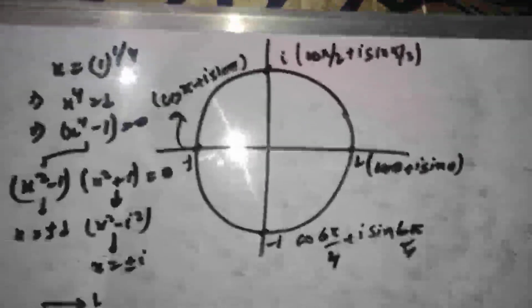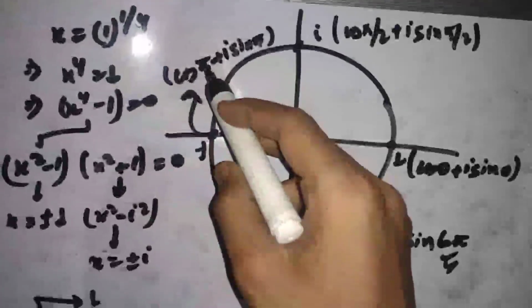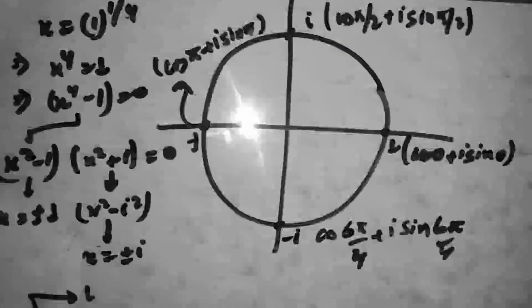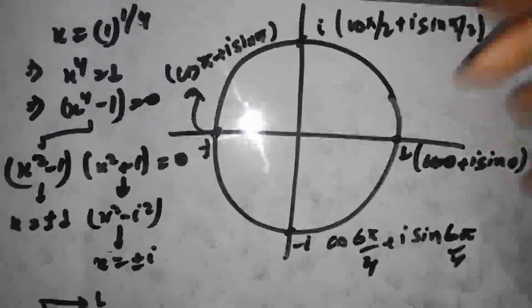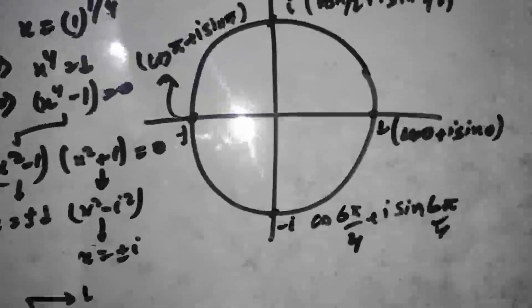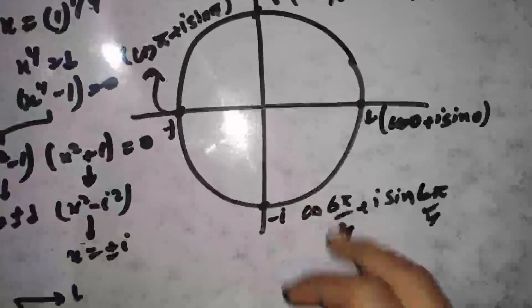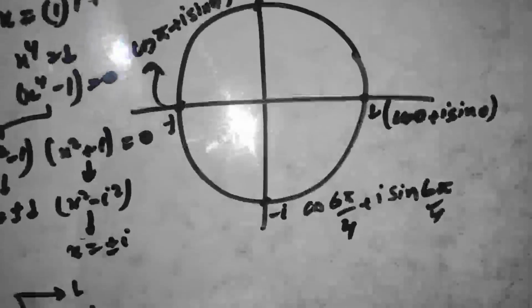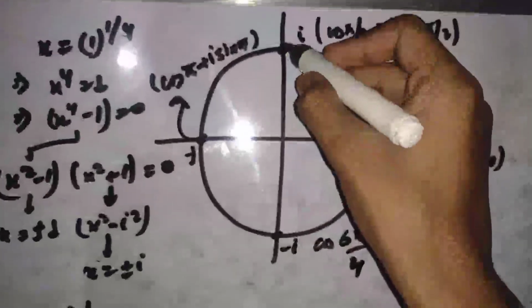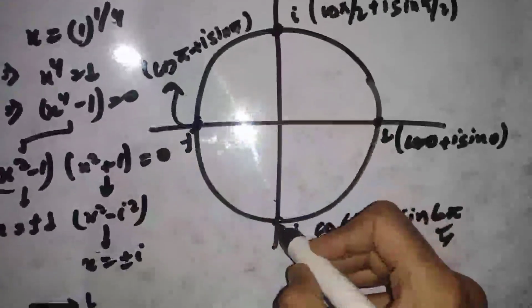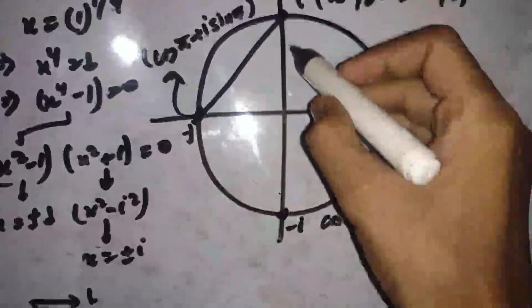We can write pi as 4 pi by 4, pi by 2 as 2 pi by 4, and so on. So these are our roots. If we join these roots, let's see what we get.